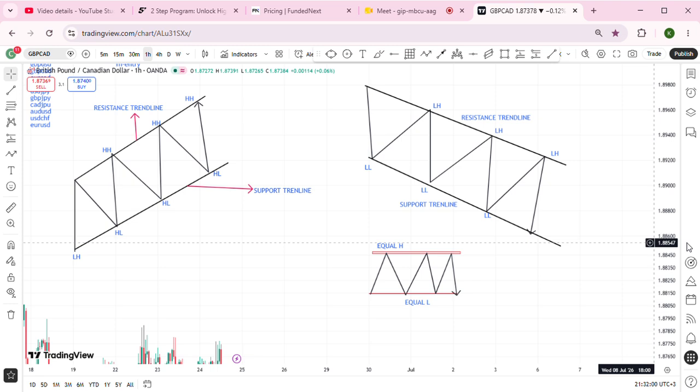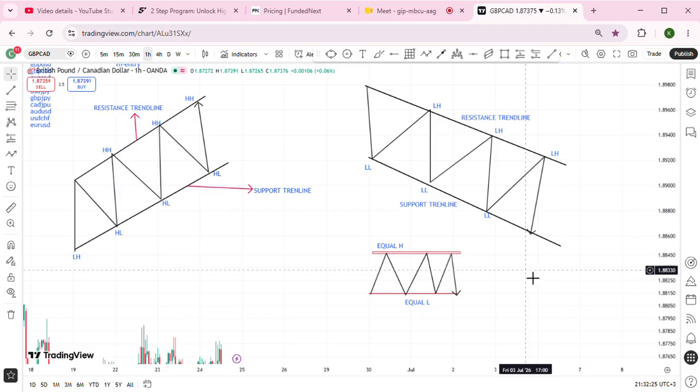These are the major trends, market directions, either up or down. Consolidation can happen in any of the two. I hope we are together on that.